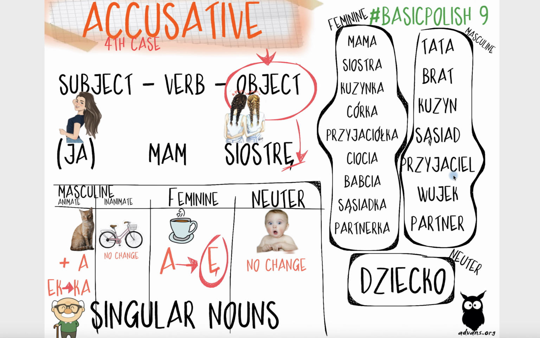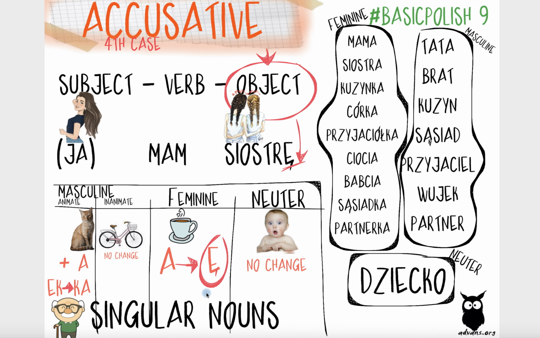Okay. So now let's go through masculine nouns. And I already mentioned tata. This is a very strange one, right? Because, maybe feminine? No, it's masculine. And I mentioned that it will behave a bit like feminine, a bit like masculine, because once we start adding an adjective for this masculine noun, the adjective will be masculine, but the change because of that letter a will be kind of feminine.